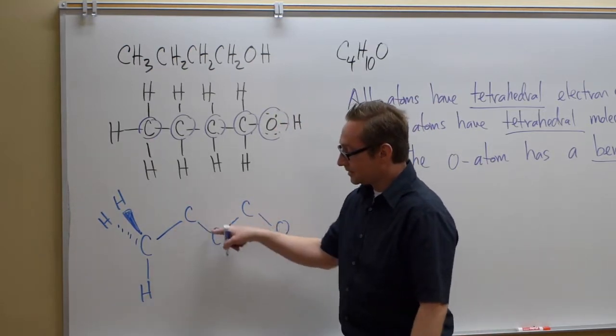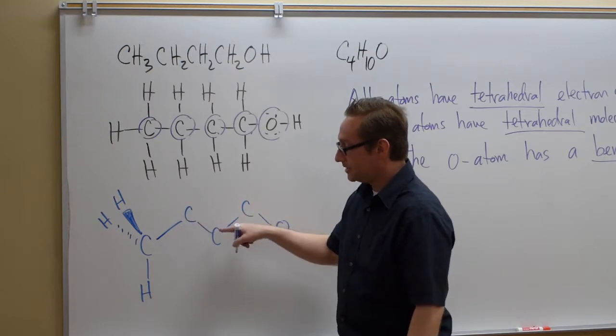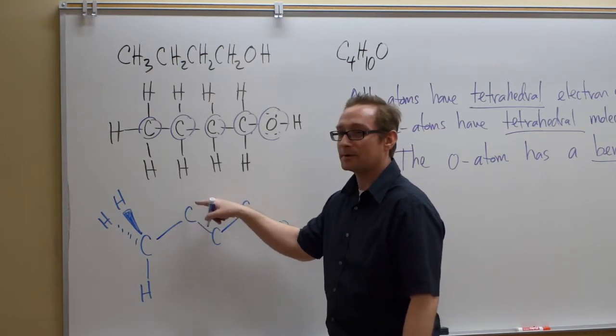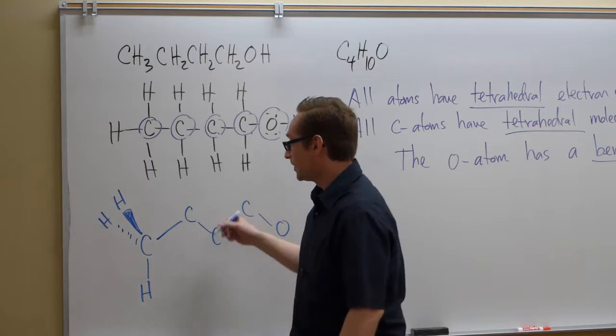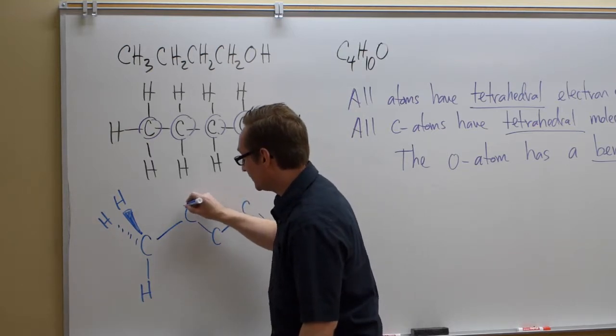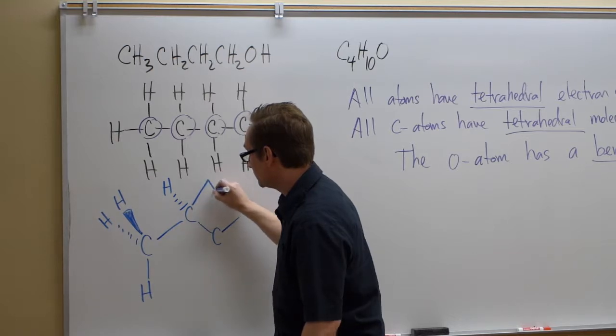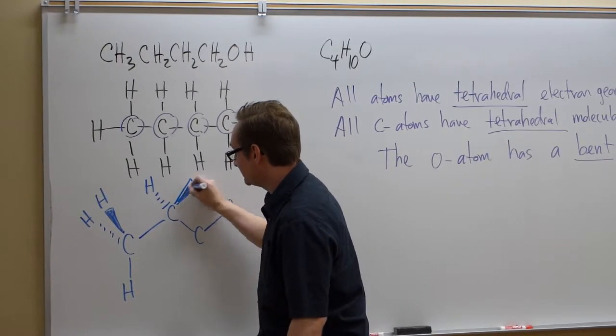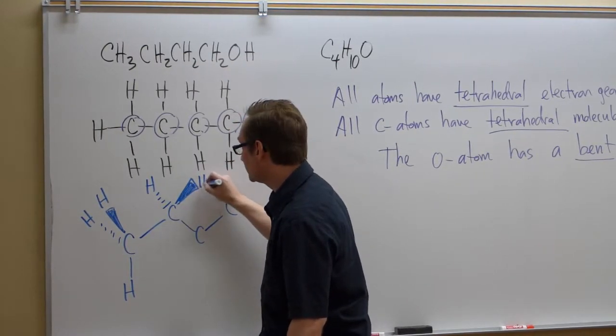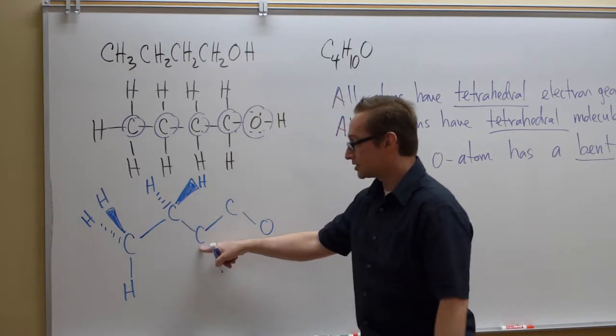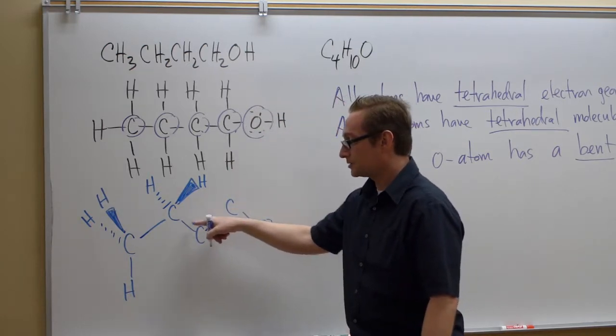Here's another bend. You've got 2 lines already here, so the next 2 bonds that go on this carbon have to be the dash and the wedge. So I'm going to put a dash and a wedge. I'm also going to put a dash and a wedge on this one too, because he already has the 2 straight lines.